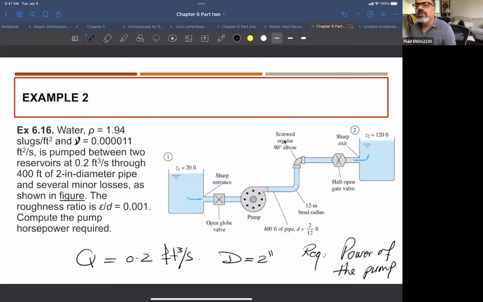Okay, let me ask you first one question. If I want to remove the pump, it looks like the flow here is going from this tank to this tank. You see that the arrow is going like this. Now, if you want to remove the pump, what's going to happen?